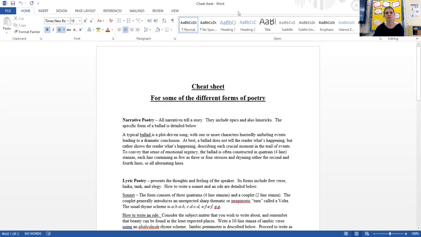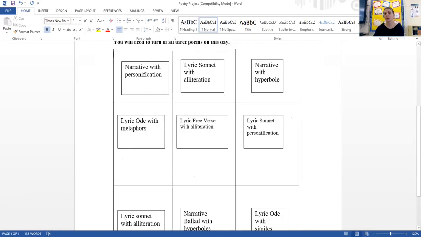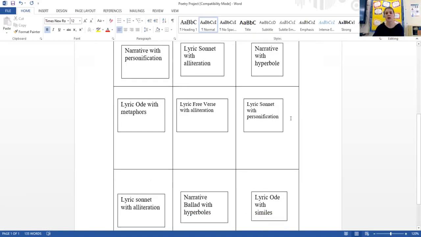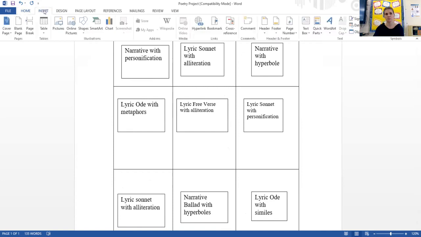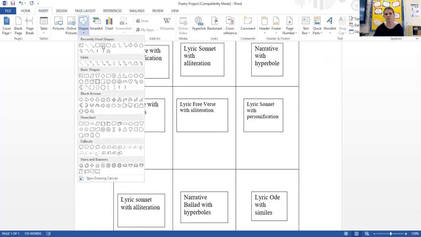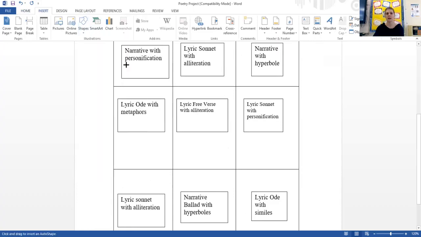Let's go back to the tic-tac-toe paper. So the first thing you want to do is pick out which three you're leaning towards. What I need you to do today is circle them, and you're going to do this digitally. So if you go up to the insert up here and you choose a shape, you choose the circle, okay? And let's say I've decided I'm going to do the narrative with personification.